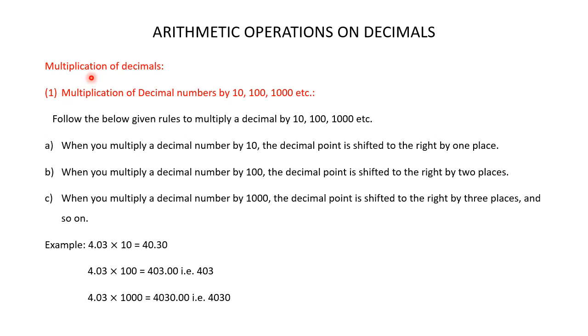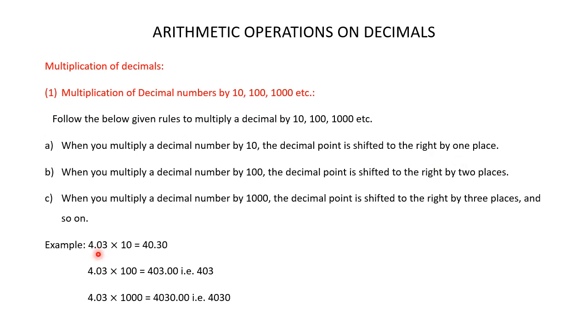Now let's understand multiplication of decimals. First, we'll learn about multiplication of decimal numbers by 10, 100, 1000, etc. You have to follow these rules to multiply a decimal by 10, 100, 1000, etc. When you multiply a decimal number by 10, the decimal point is shifted to the right by one place.